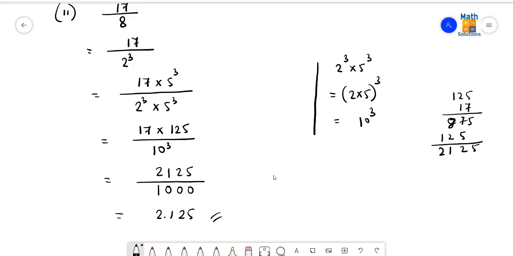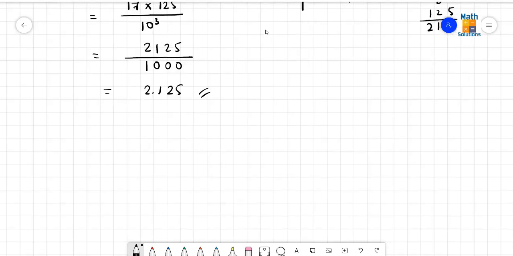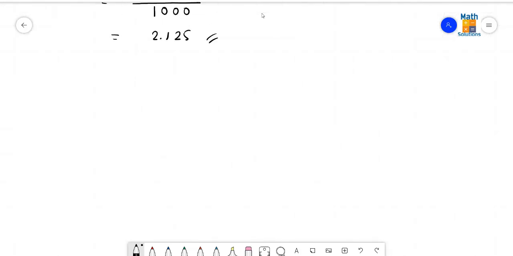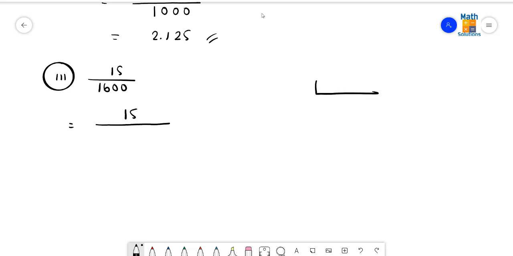Then the next expression from question number 1 is 15 by 1600. This was the third terminating decimal expansion. So expanding the denominator by prime factorization, let us check what do we get. By 2 it is divisible, it is very clear from the expression itself.